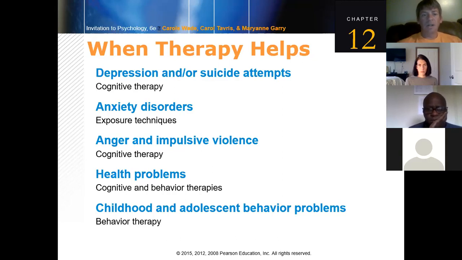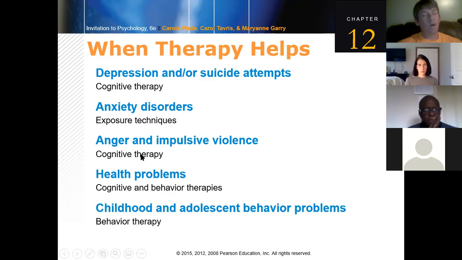So with depression, you want them to challenge their irrational thoughts, the reality of their thinking. Anxiety, think of a phobic disorder, right? Someone's afraid of heights. You want to expose them through graduated exposure or flooding, but that's probably dangerous. Anger and impulsive violence, cognitive therapy.